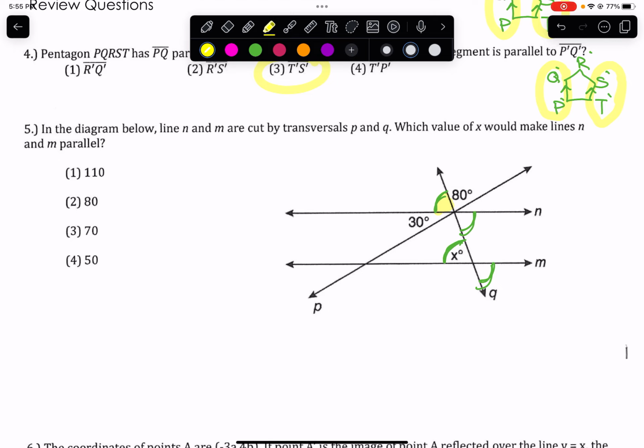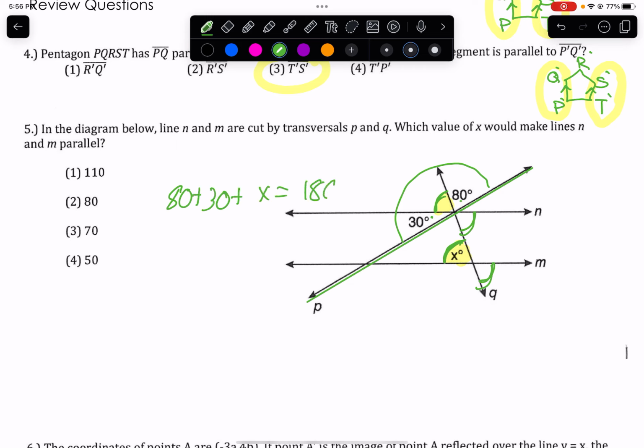This guy is corresponding to angle x. I know stuff about these two angles. They drew this line for a reason, because these 3 angles together form this line, and a line should have 180 degrees. Solve for x.